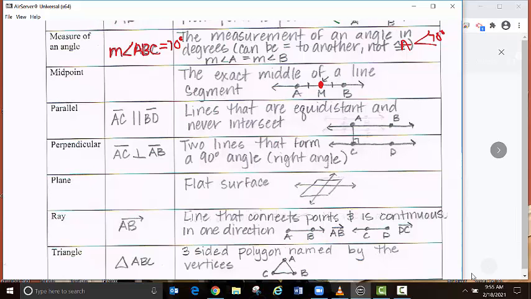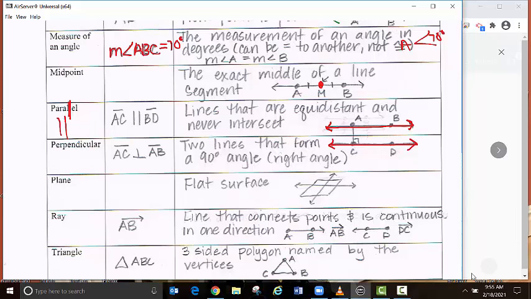Okay, next is parallel. Lines are equidistant and never intersect. Just like the L's in parallel, the L's don't ever touch. Line AB is parallel to line CD. They'll never touch.